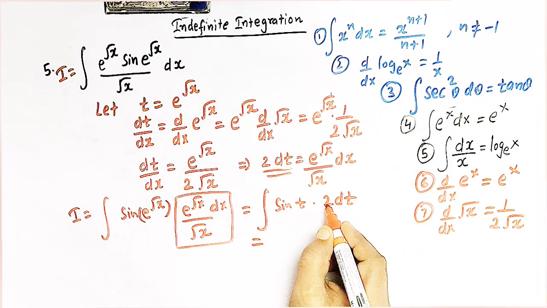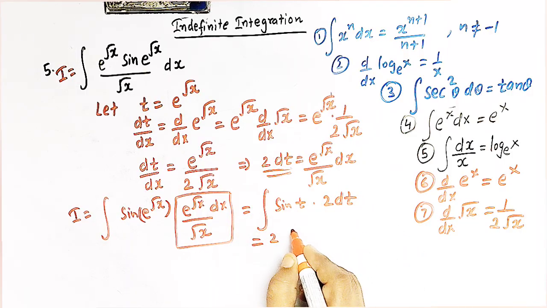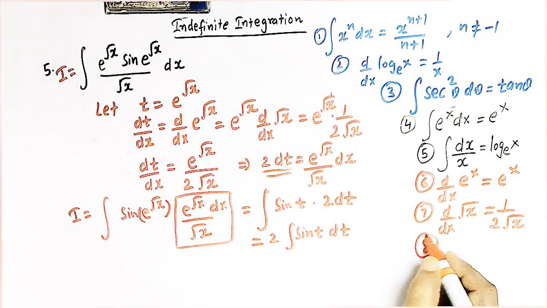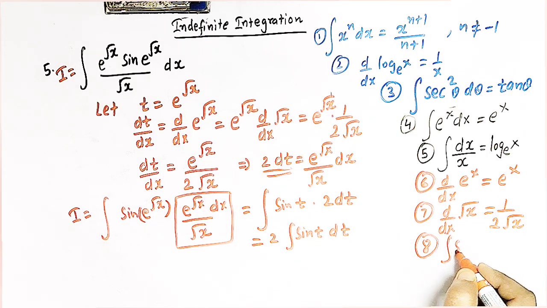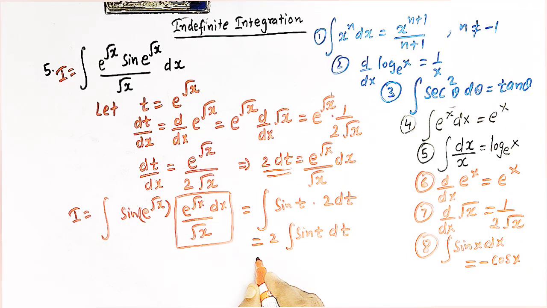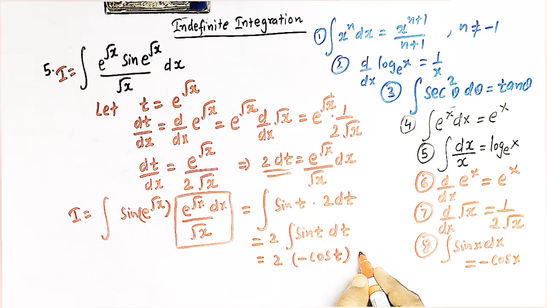So now we can take 2 outside the integral, so we have here sine t dt, and again from the standard results, the integral of sine x dx is equal to negative of cosine x. So here we have 2 times negative of cosine t, and c is the constant of integration.